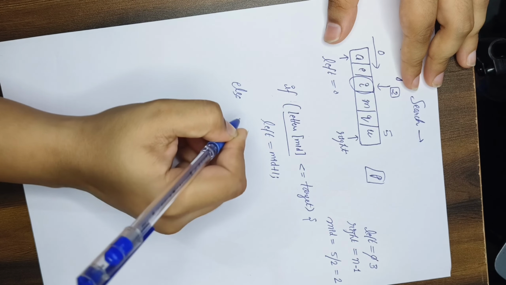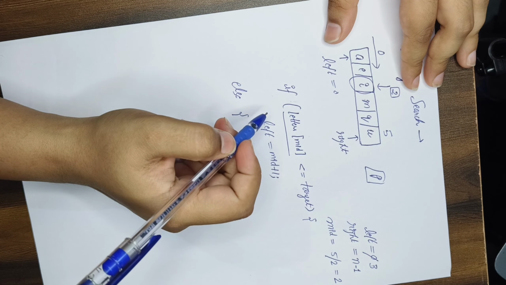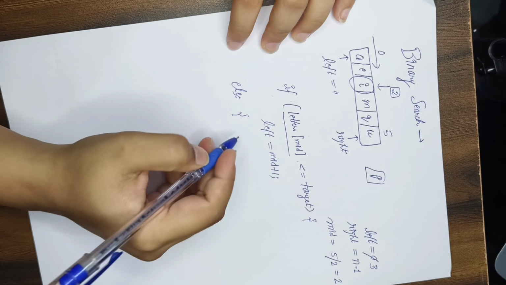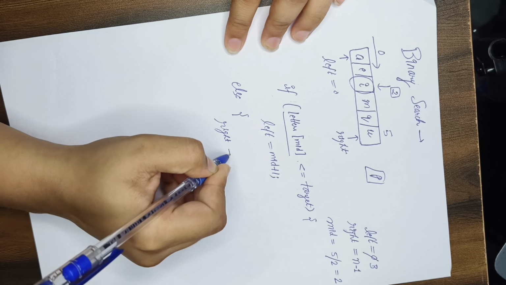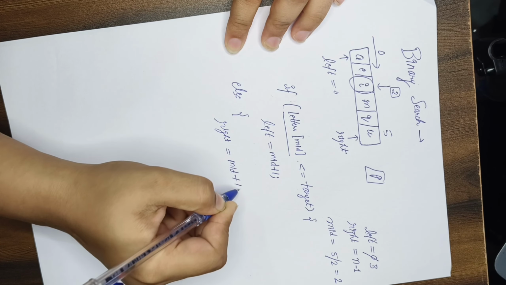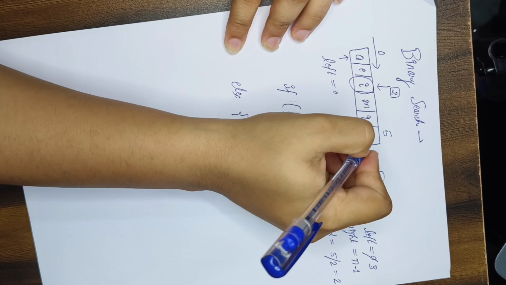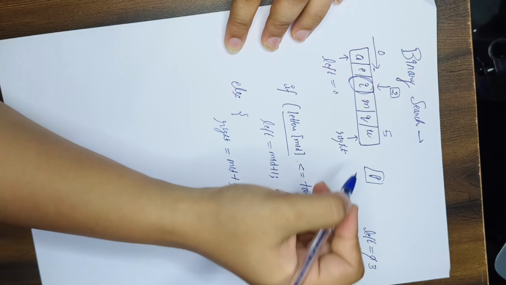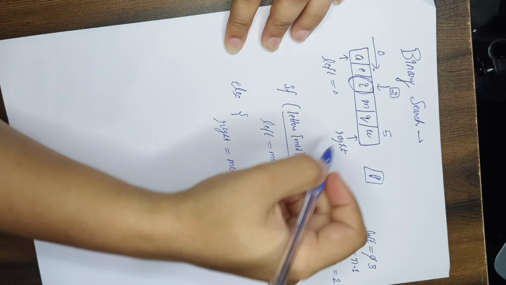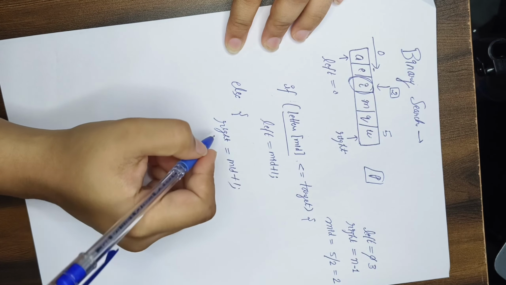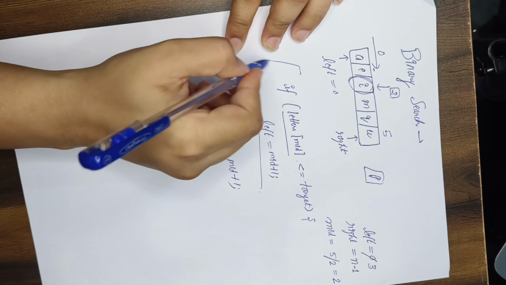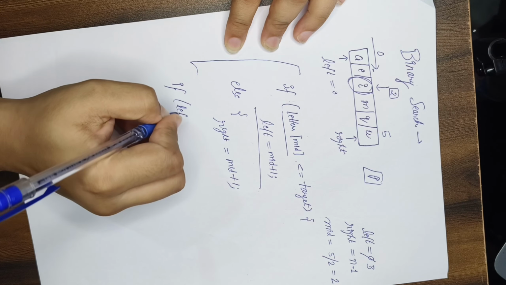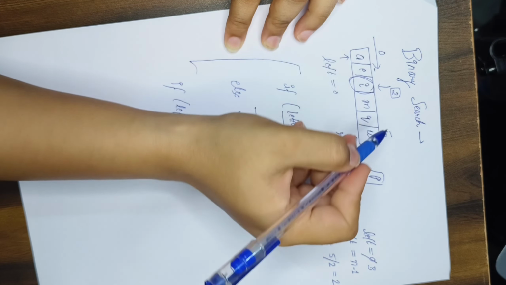Else, if letters of mid is not less than or equal to target, if it is greater, then we will move right to mid. Here letters of I is less than or equal to target, so we just move left to mid plus 1. So these are the two conditions. After that, left keeps moving to mid plus 1.